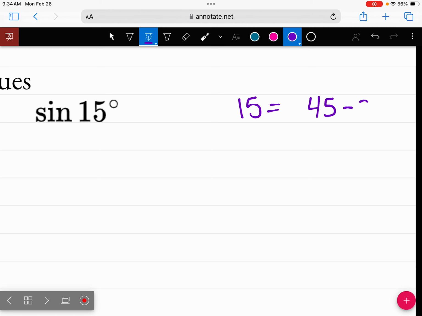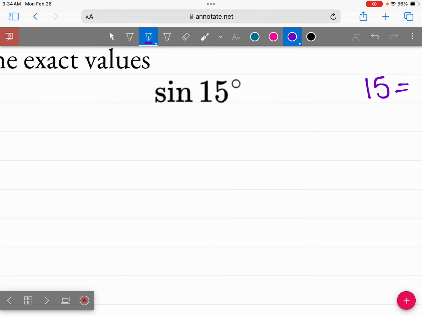That means the same thing, right? Those two pieces mean the same thing. So I could rewrite the sine of 15 as the sine of 45 minus 30. There are a lot of different ways we could write that.